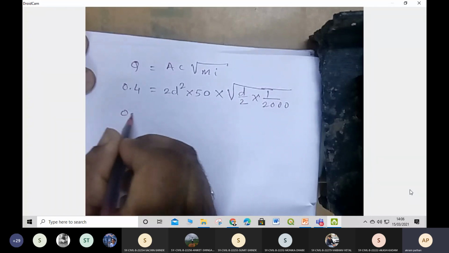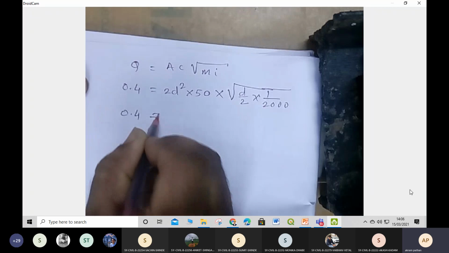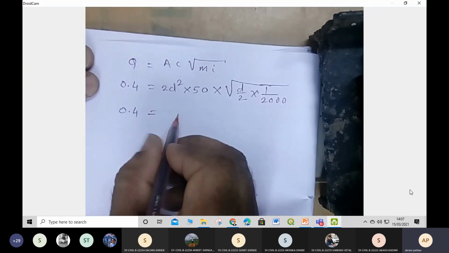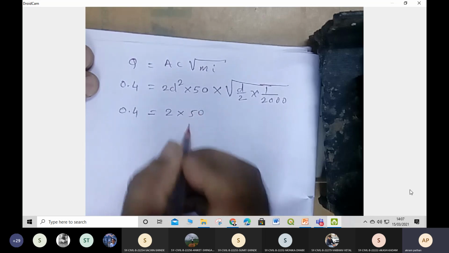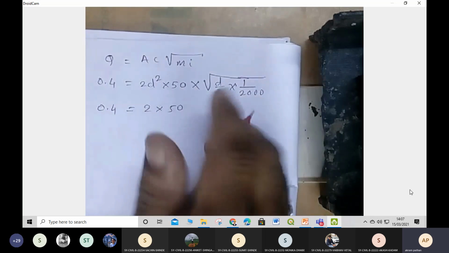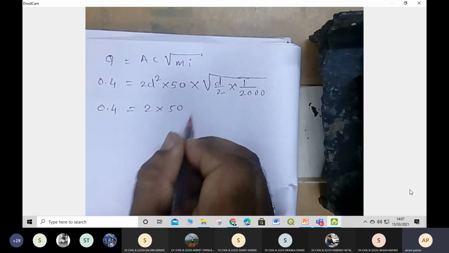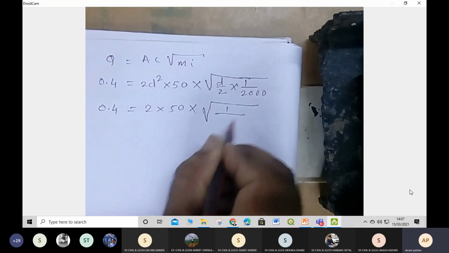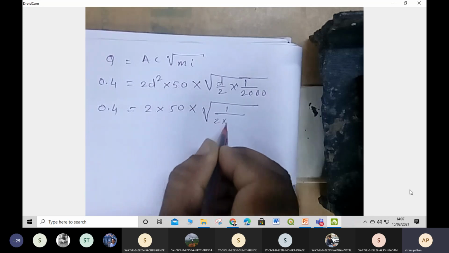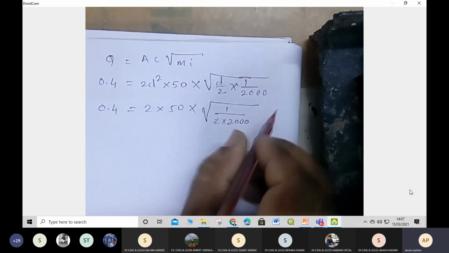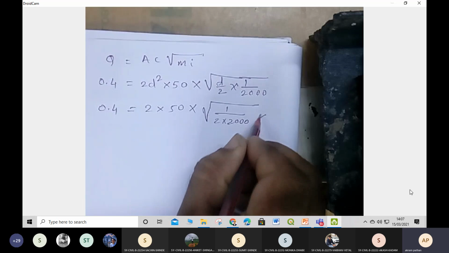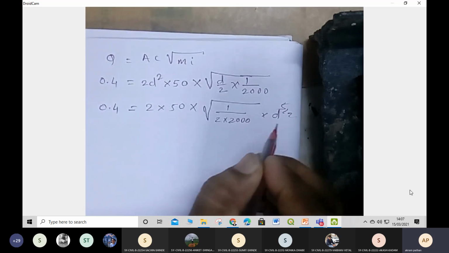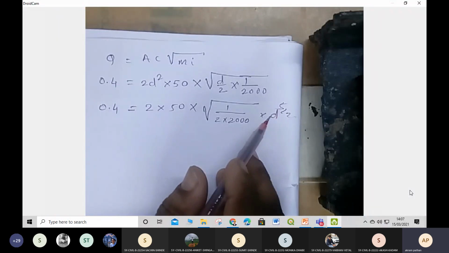Further, if you simplify this equation, 0.4 is equal to 2 into 50 into under root 1 divided by 2 into 2000, multiplied by d raised to 5 by 2.